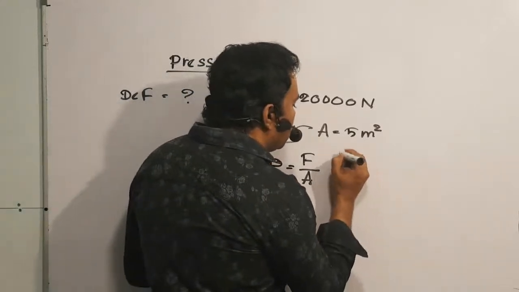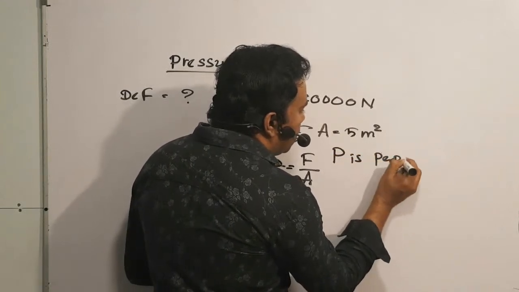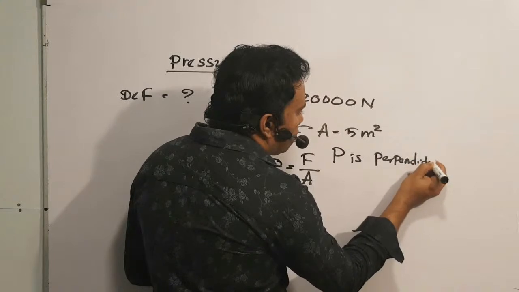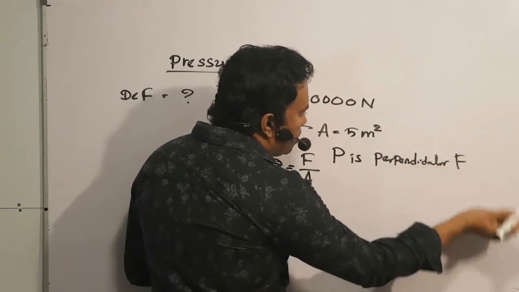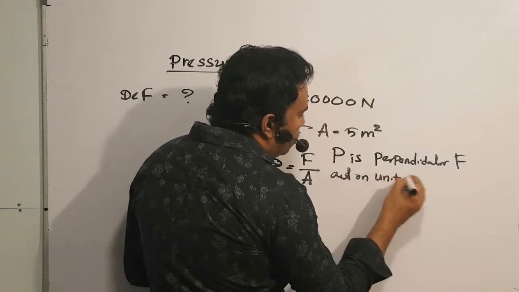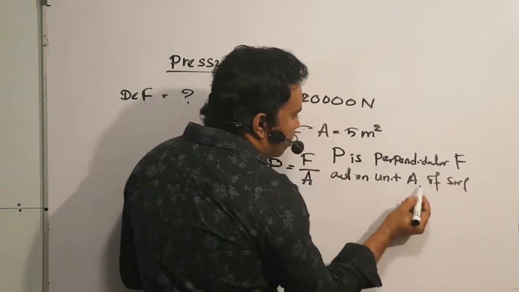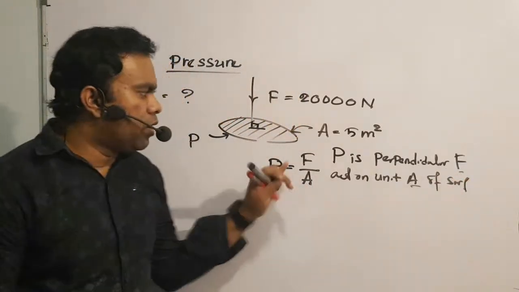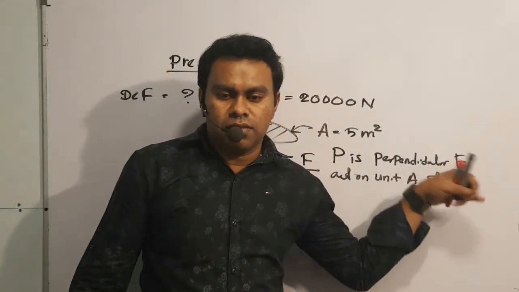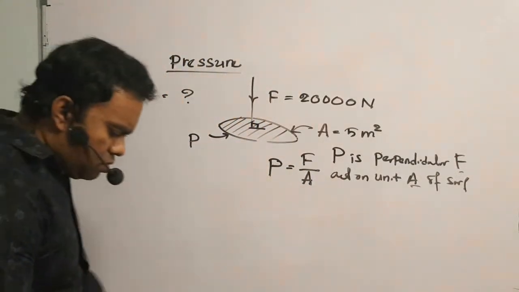So pressure is the perpendicular force acting on unit area of surface. Don't put symbols. When you define something, you have to write the complete word. Okay.